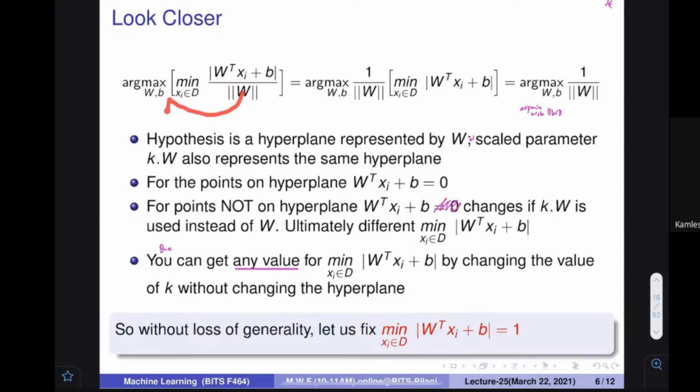Can I take it out? The answer is yes, so I can write it this way. Yes or no? I need your quick response. Atharv. Can I write like this?